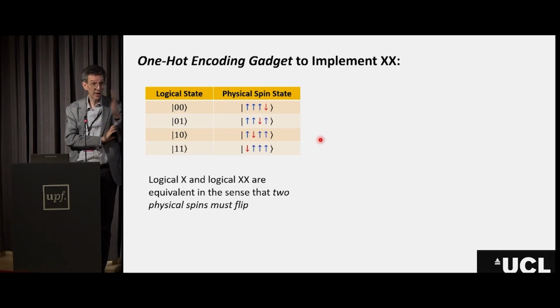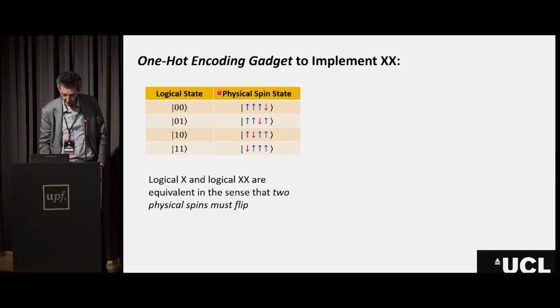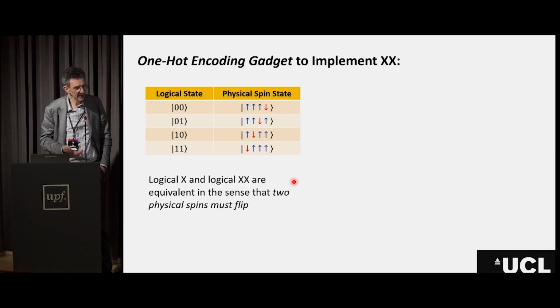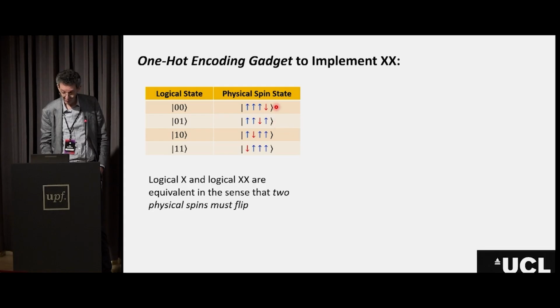So it's basically the location of the spin down, shown in red here, which is encoding which logical state we're in. And in a very qualitative way, you can see that if you can implement a logical X in this system, then the logical X requires 2 spin flips. So for example, going from 0, 0 to 0, 1, I have to flip both of these spins.